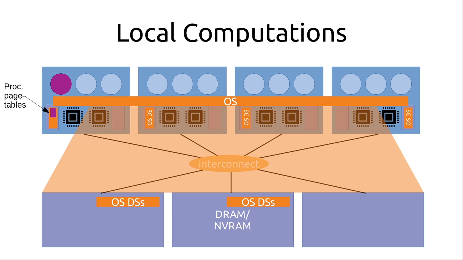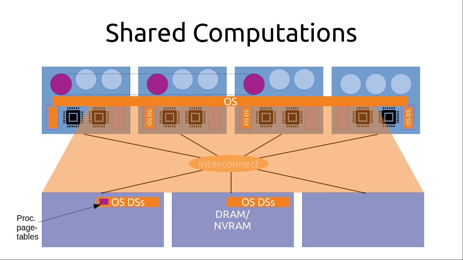Now, the interesting thing is that if we have a normal system, then we have something that looks like this. We have a process that has its own page tables, the purple process on the far left, that has its own page tables that are now in local memory. This is a typical process in any conventional system.